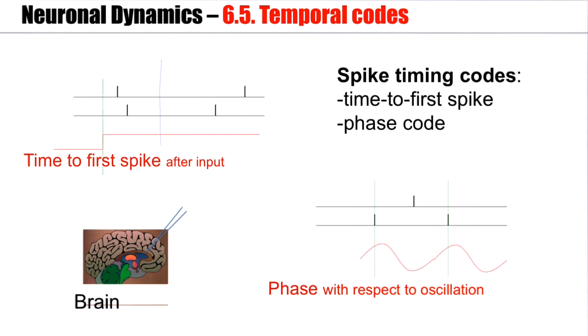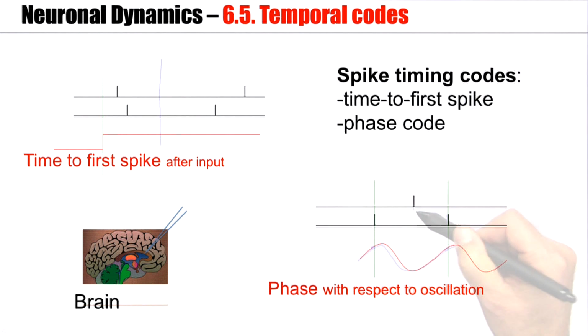A related concept is that of phase coding. In some areas of the brain, there's always some ongoing oscillation, which you would see in the EEG, in global measurements of brain activity. Now, again, 2 different neurons. Say the first neuron fires several spikes. If you look, the spike occurs always just before the maximum of the ongoing oscillation.